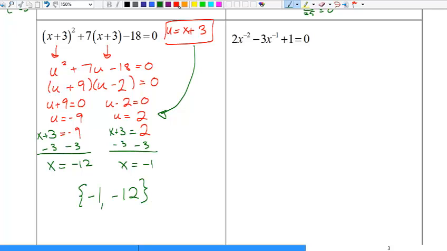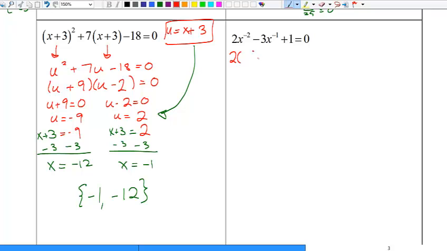All right, looking at our last problem, we have 3 terms. It does equal 0. The last term's a constant, so this does qualify as of the quadratic form. Notice that the first term's exponent is double of the middle term's exponent, so this does qualify.